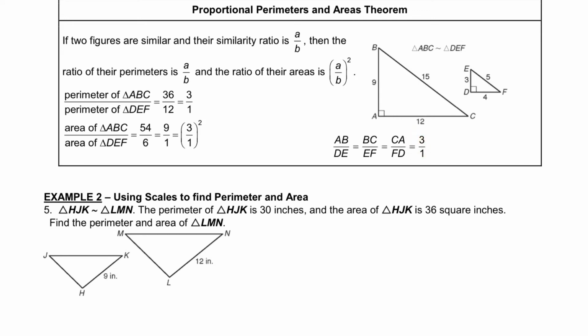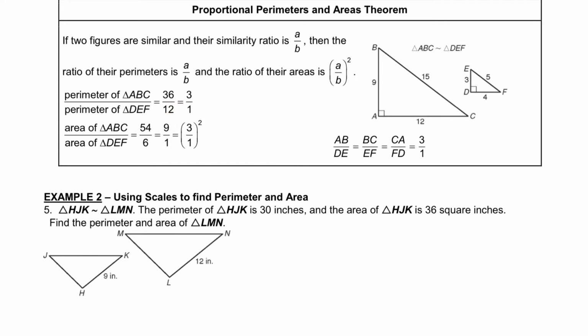Well then, let's do the perimeters of both of these really quick. On the big triangle, we would have 9 plus 15 is 24 plus 12. That will give us a perimeter of 36. And then for the small triangle, we'd have 3 plus 5 is 8 plus 4. That would be 12.